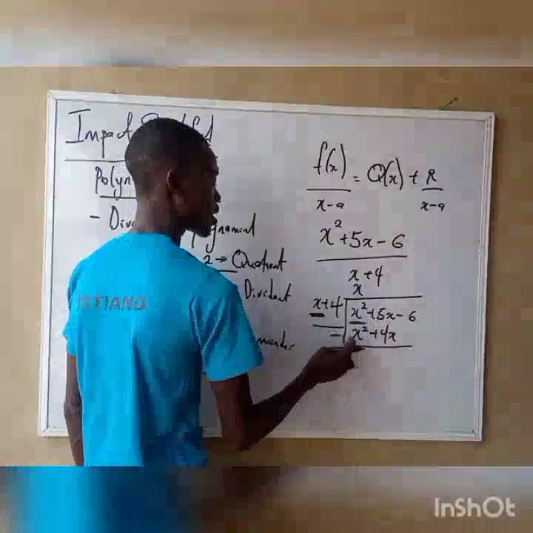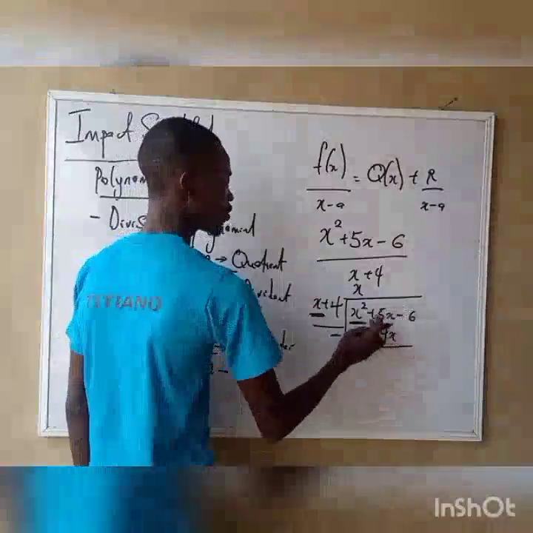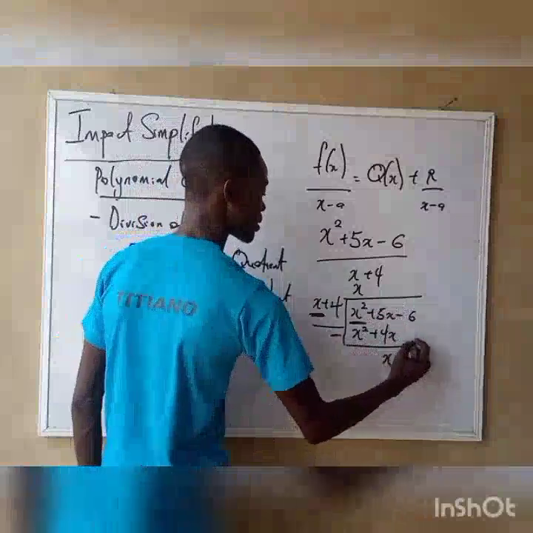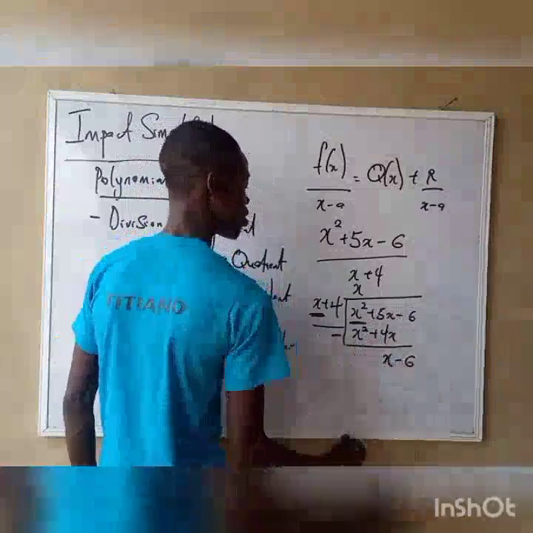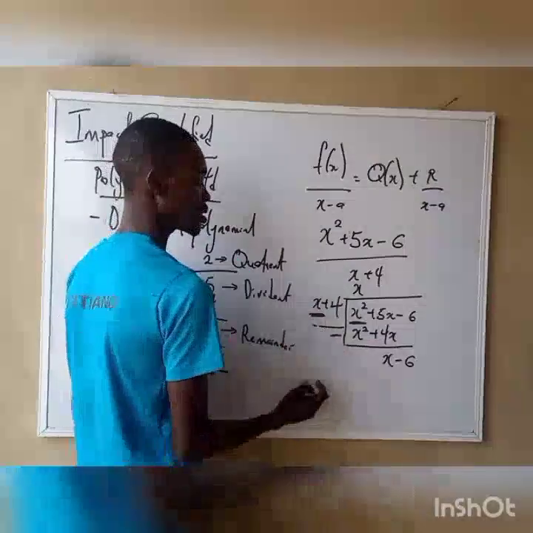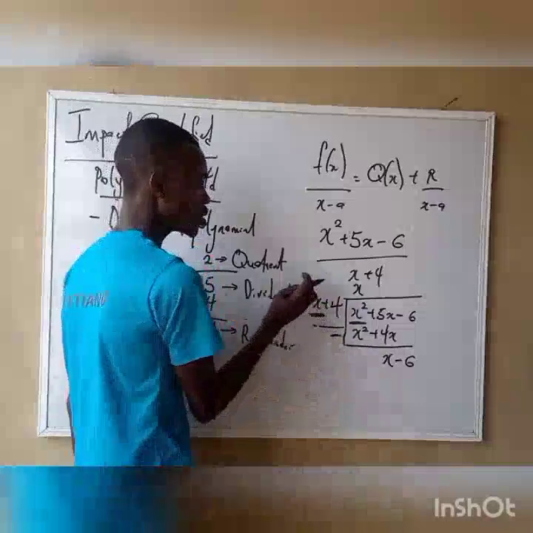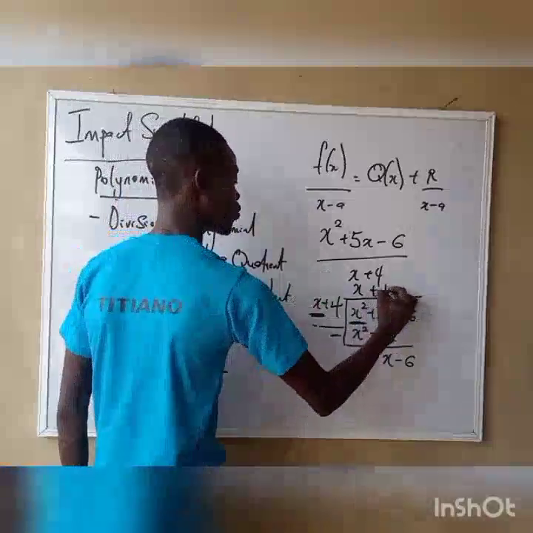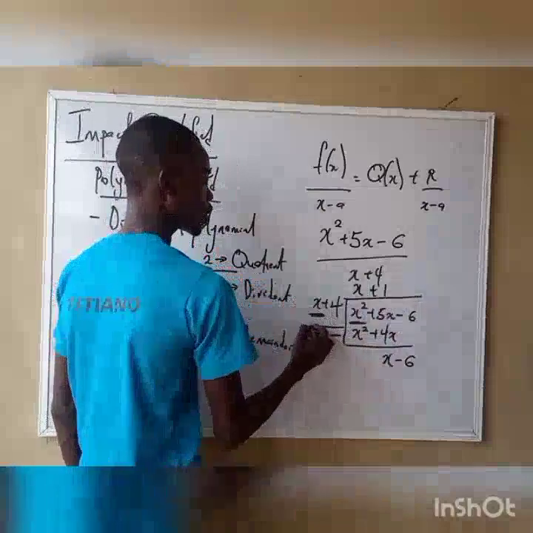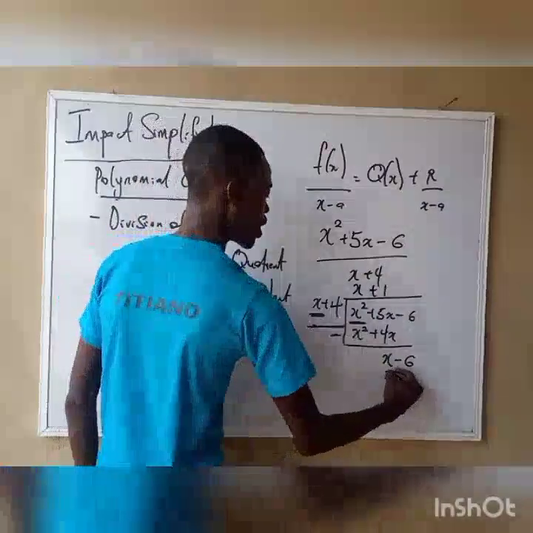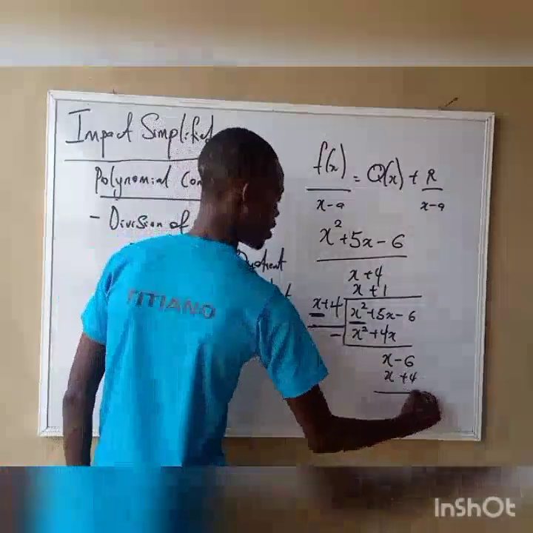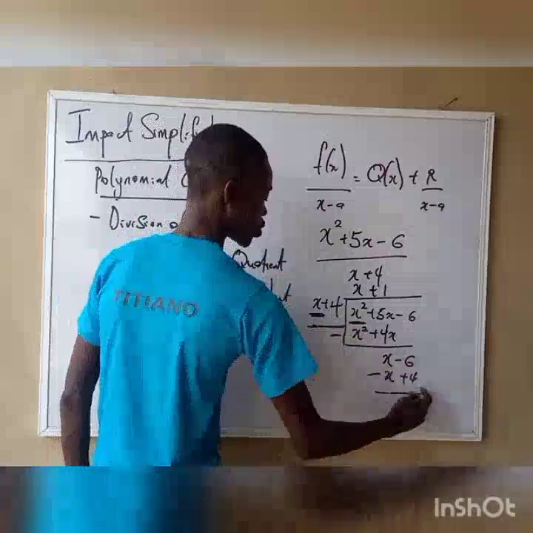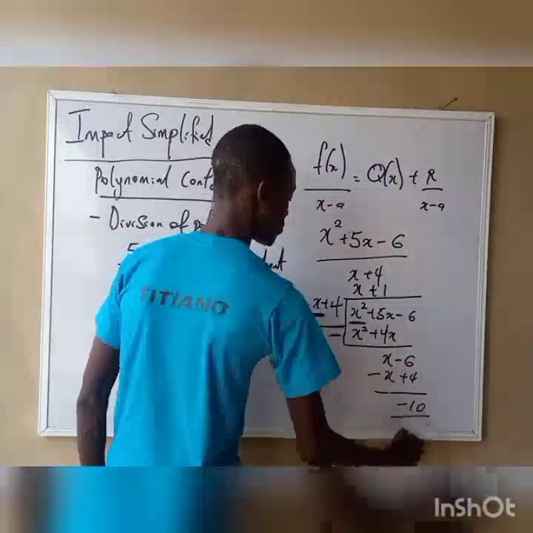What is x squared minus x squared? We have 0. What is 5x minus 4x? We have x. And then minus 6 comes down. Looking at this, we can see that x can still divide. Use this x to divide this x. What do we have? We have 1. Use this 1 to multiply everything. We have x plus 4. After that, you subtract, and we have minus 10.